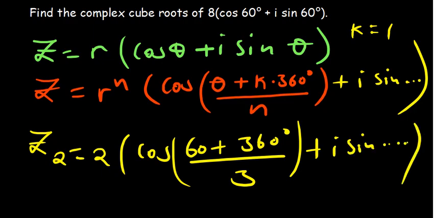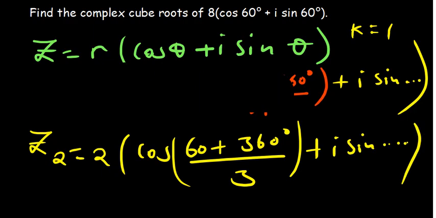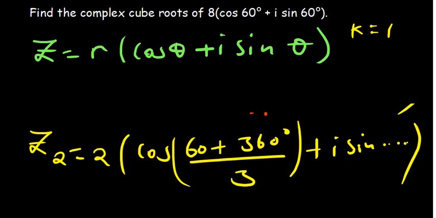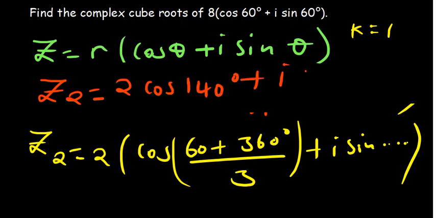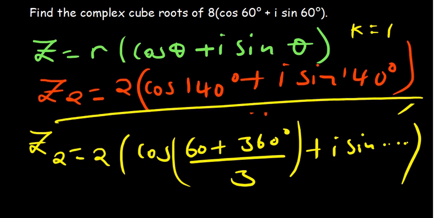So basically 60 plus 360 is 420, divided by 3, so it's 140. Therefore our possible z2 value is going to be 2, then we have cos 140 degrees plus i sine 140 degrees, in brackets, of course. So these are the possible cube roots of that complex number, and this is how applicable De Moivre's theorem is.